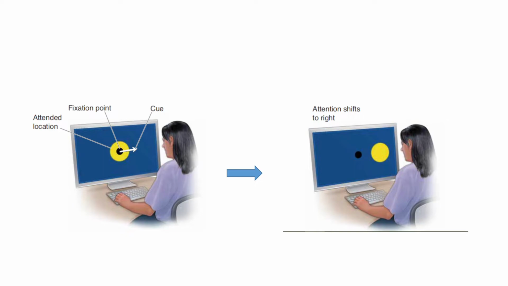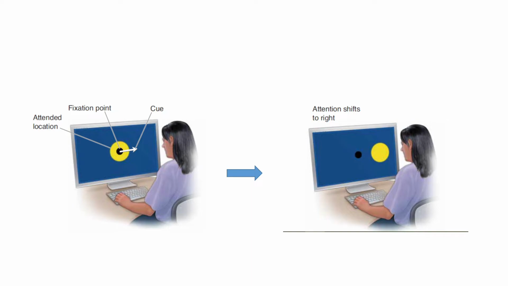What they do here is they show the participants one fixation point at the center of the screen, and they have to pay attention to it, and then they guide the attention by showing an arrow that could point to the left or to the right of the screen. In the second image, the image at the right, you can see the attention, like they paint in a yellow color where the attention is now.